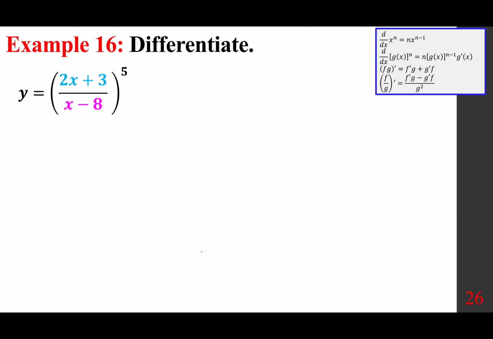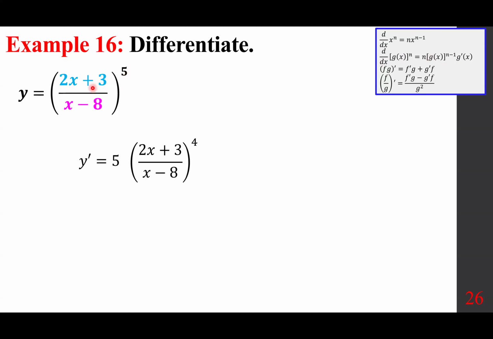What about this one? We have to use the extended power rule and then the quotient rule. So first, 5 sits in front. We start with this one, everybody. 5, then g of x to the power of n minus 1, this thing to the power of 4.